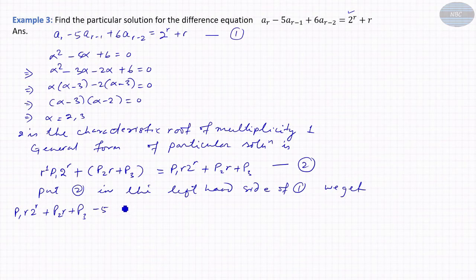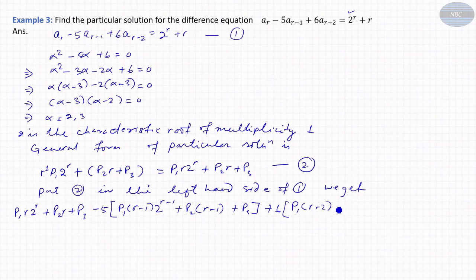So minus 5 is common here: p1 (r minus 1) 2 to the power r minus 1 plus p2 (r minus 1) plus p3. Come to the last term, plus 6 into p1 (r minus 2) 2 to the power r minus 2 plus p2 (r minus 2) plus p3.